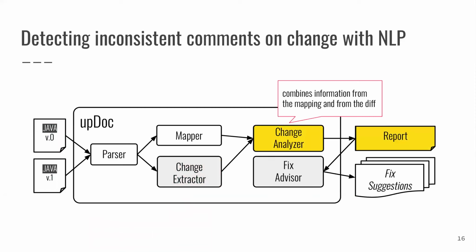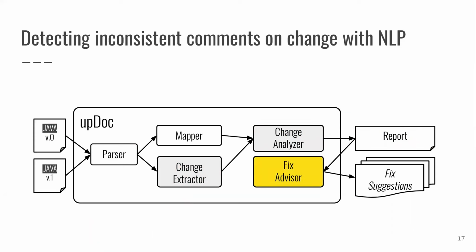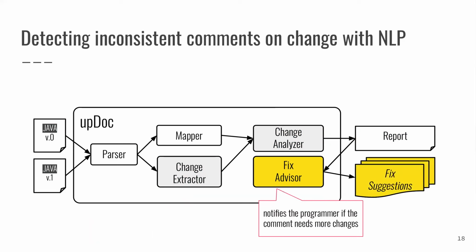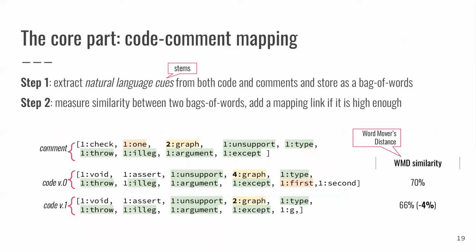This information is combined in the change analyzer component that emits a report on consistency between the code and the comment after the change. Later, this report is also taken as input by the fix advisor component that complements the report by emitting fix suggestions and notifying the programmer if the comment needs more changes and where.